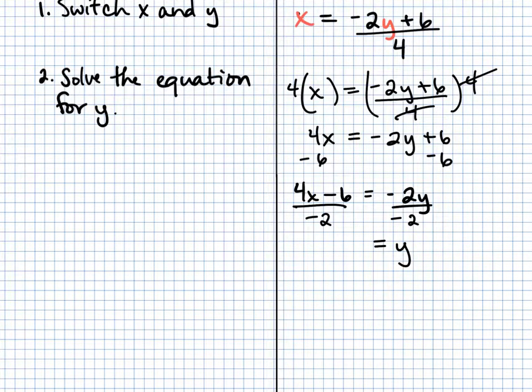Negative 4x divided by negative 2, positive 4x divided by negative 2 is negative 2x. And then negative 6 divided by negative 2 is positive 3. And then my third step is going to be to rewrite in function notation.